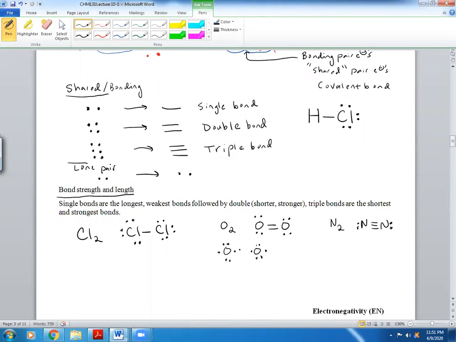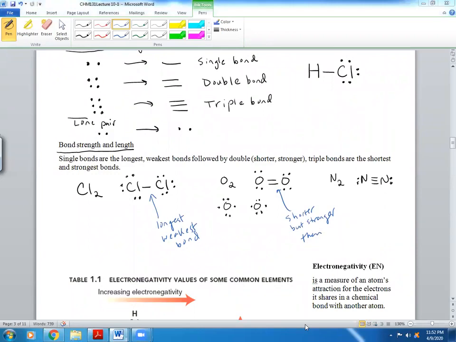So therefore, this is the longest but weakest bond. So it's a single bond. This is the shorter but stronger than single bond.